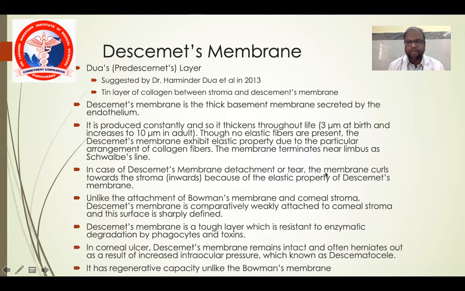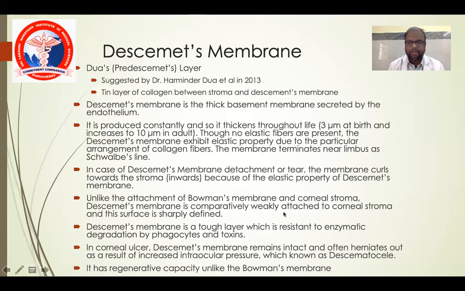When the Descemet's membrane is torn by trauma or anything, this membrane curls inwards because of its elastic property. As I told you, unlike the attachment of Bowman's membrane to the corneal stroma, the attachment of Descemet's membrane is comparatively weaker. This property allows us to do endothelial keratoplasty and other corneal transplants using the Descemet's membrane and the endothelium.